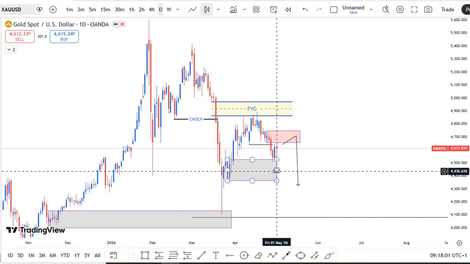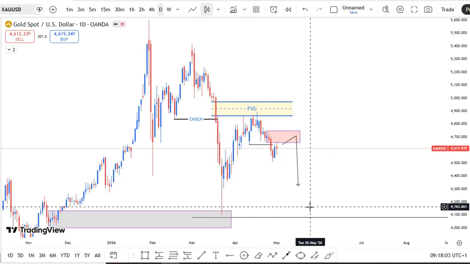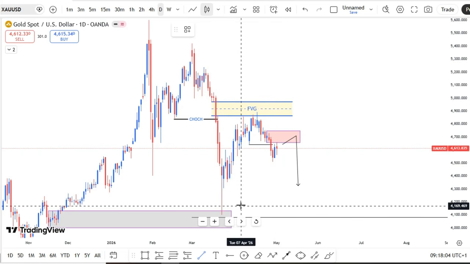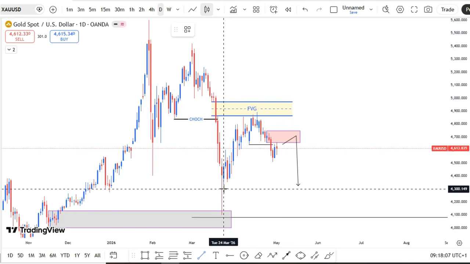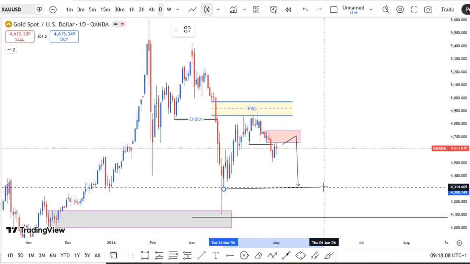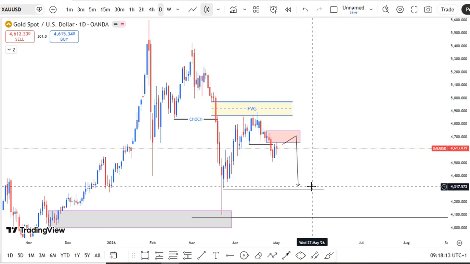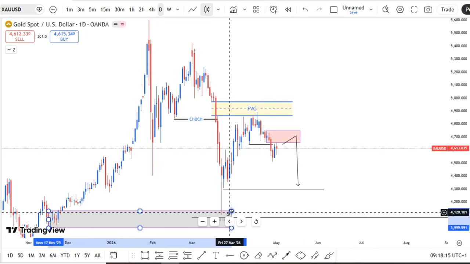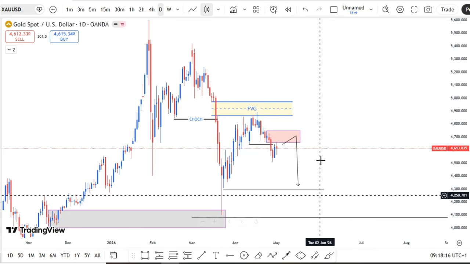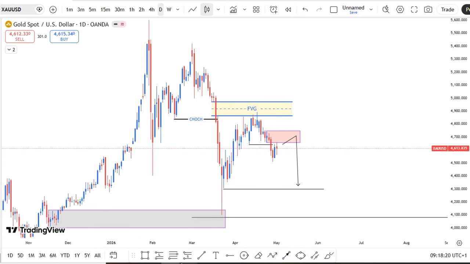All right, and points of interest for liquidity from this daily time frame would be this. That would be the points of interest.